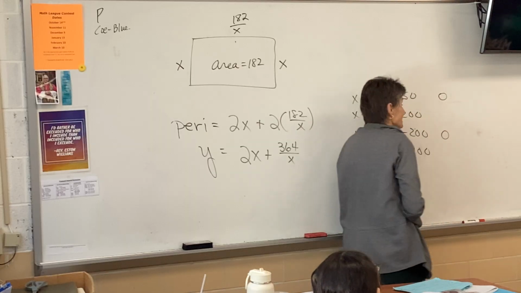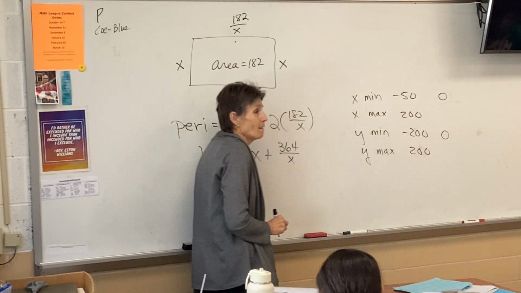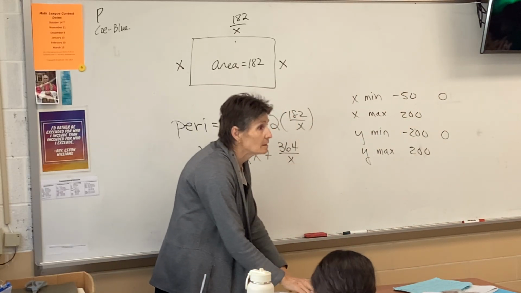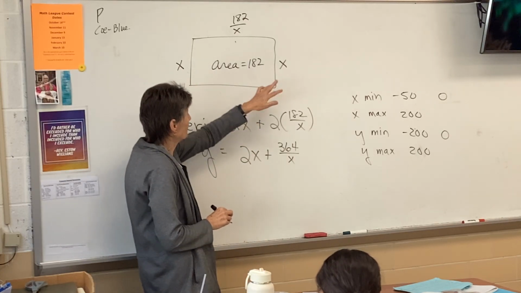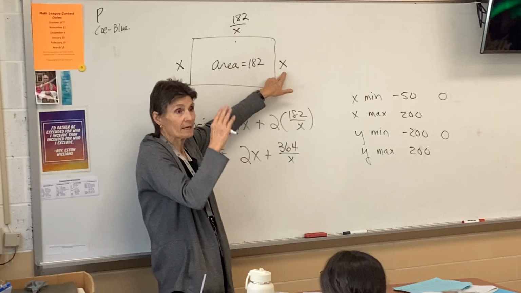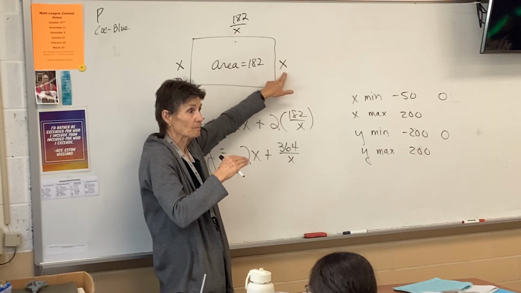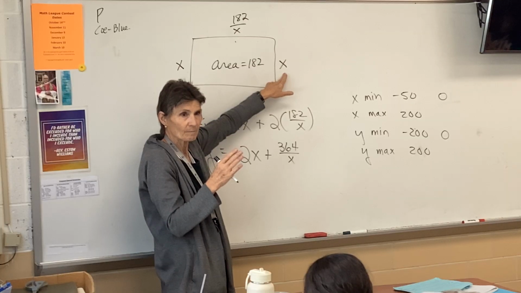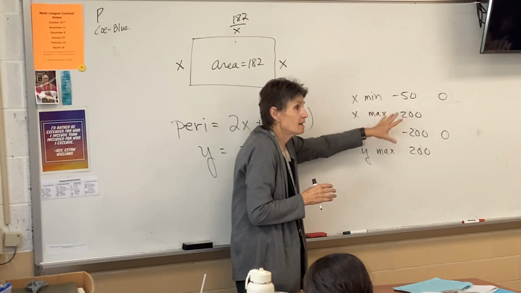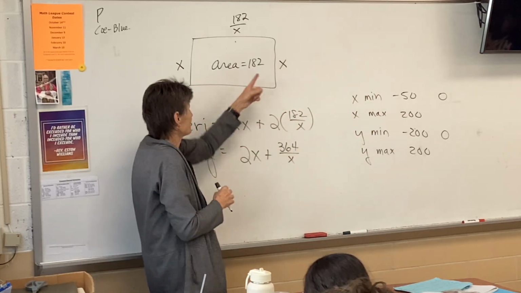I used zeros for my X and Y minimums because I thought about my problem. Doesn't X represent a side of the rectangle? So it makes sense that it would be positive. Now, her numbers are fine. To get a starting point, that's where I started.